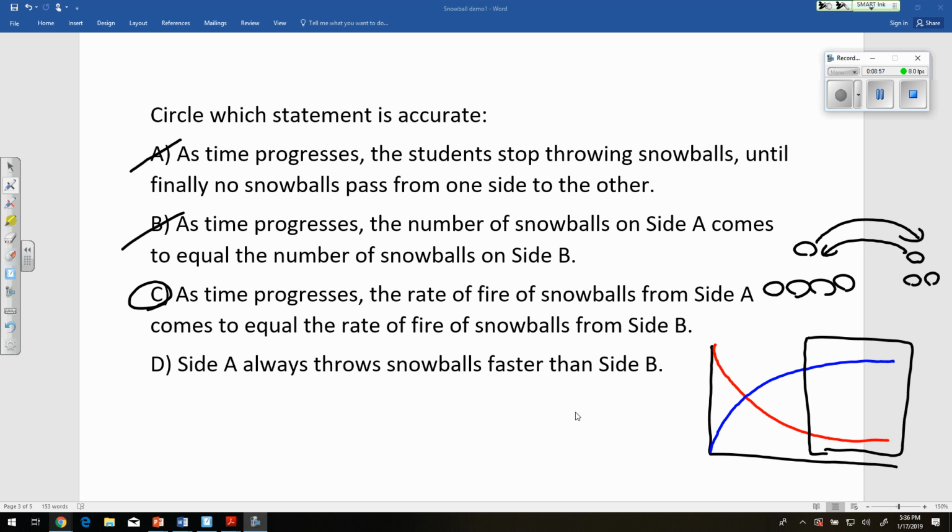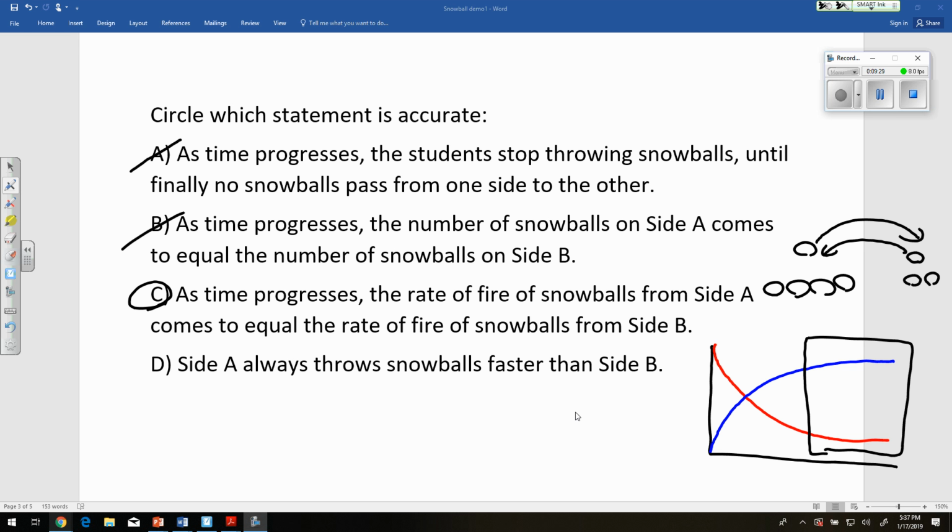If the rate of fire is equal, and I had the advantage of standing back, and I think Gabe had the advantage of standing back, and seeing this happen, the rate of fire of snowballs was equal. There was a pile on side A, there was a pile on side B, not as big on side A, but the rate of fire of snowballs from one side equaled the rate of fire on the other side.